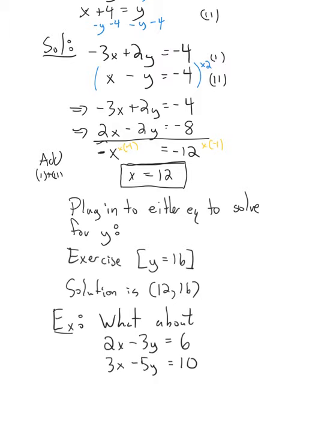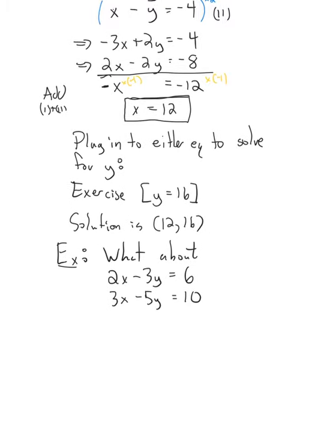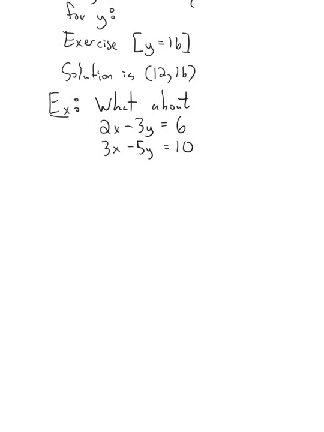So you could be thinking, well, there's nothing I can multiply either equation by so that I can eliminate the variables. But if you're clever, there's a little trick you could think of, and that is, remember, I can multiply both equations by whatever I want. So let's eliminate the x's this time. It doesn't really matter. I can multiply by the opposite coefficient.